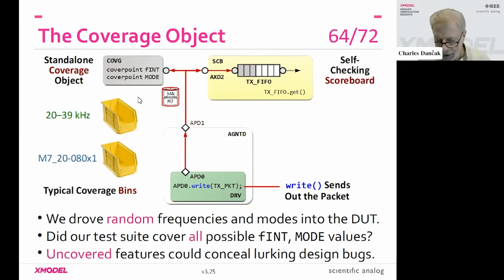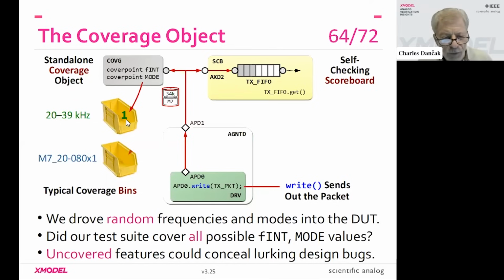And the cover group, which we'll see on the next slide, sees a frequency of 34, realizes, hey, that's within a user-defined bin between 20 and 39 kilohertz. So it drops a token into this particular bin.